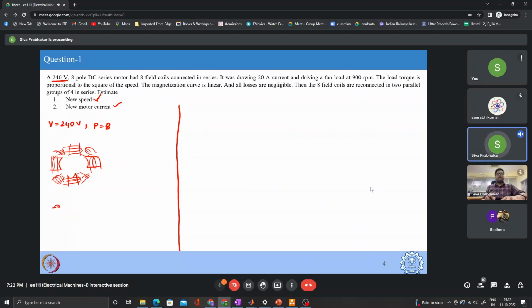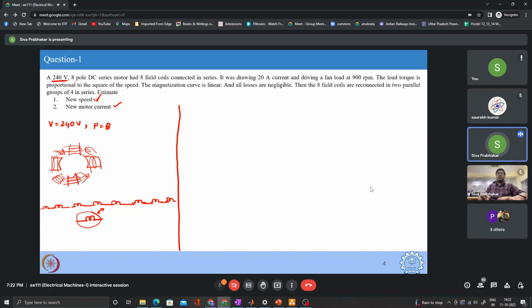There are 8 sets of series windings, and initially they were connected in series. So this was the initial configuration, with everything connected in series, and I will represent it as a single big winding like this. So this is equivalent to this.